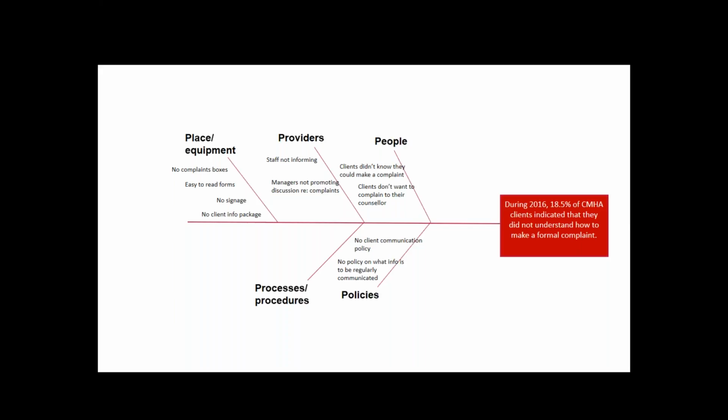Then, working through with a quality improvement team made up of both clients and service recipients and staff of the program, we look at what are those possible contributors to why folks don't know how to make a complaint, and try to list all of the ones that we can come up with as a group. So you'll see things like no complaint box being there, no signage to remind people that they can make a complaint, staff not informed about the complaint process, etc.